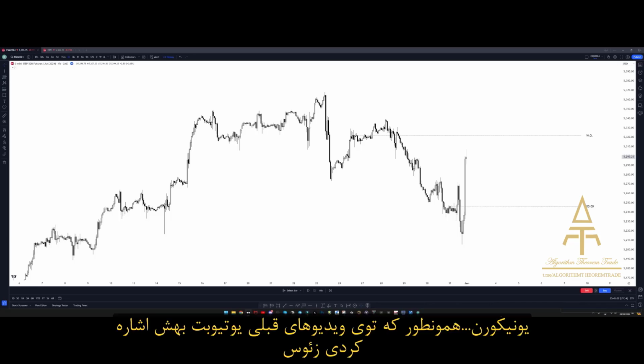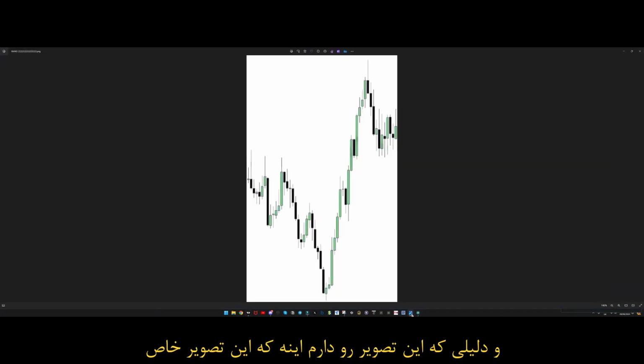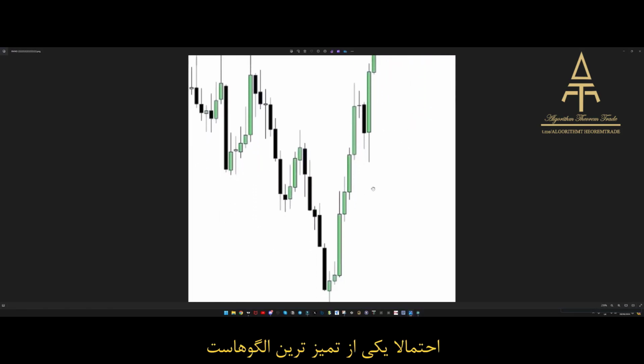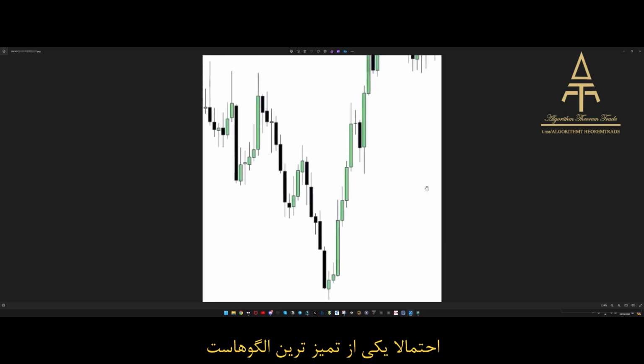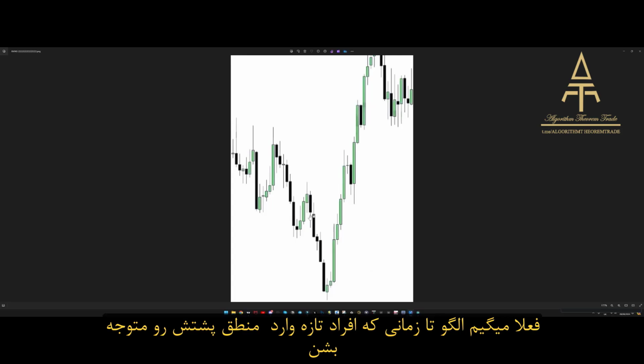So the unicorn, as you've already pointed out, Zeus, in previous videos on YouTube, was from the 2022 model. And I have an image here, and the reason I've got this image is because this particular image is probably one of the cleanest patterns, we're going to say pattern for now until you understand the logic for the new people, that you will ever come across.